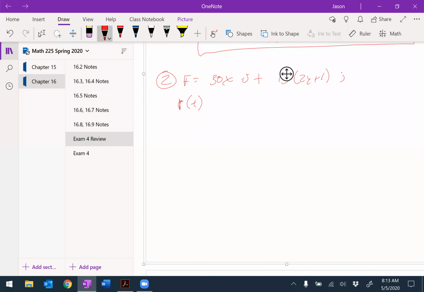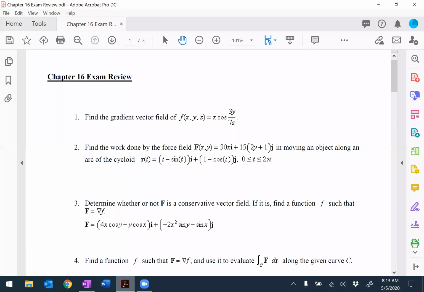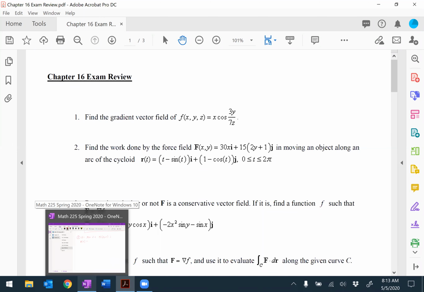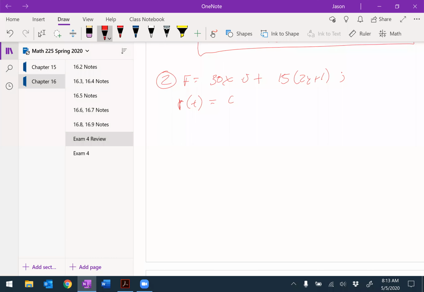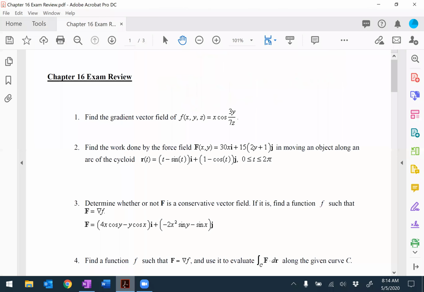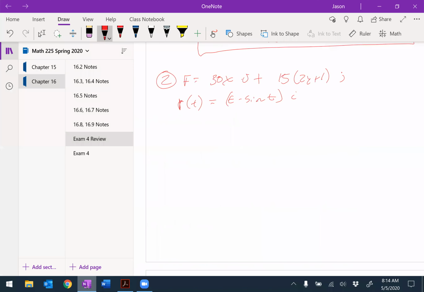Okay, r of t is equal to t minus sine t i, and 1 minus cosine t j.